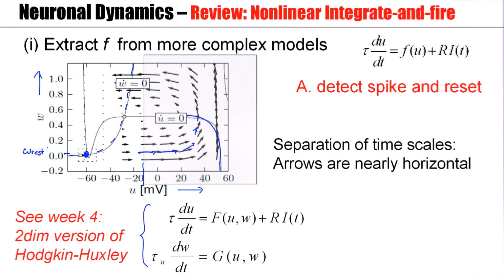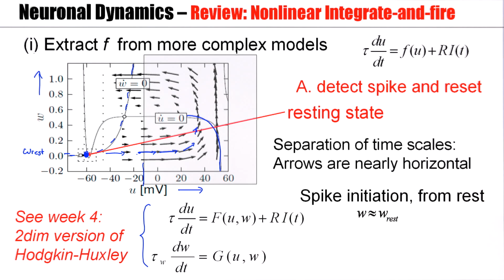Now, if the input is big enough to kick it out of this regime, then it will start a horizontal flow. So we can say that during the initial increase of the voltage, W remains still close to its resting value.